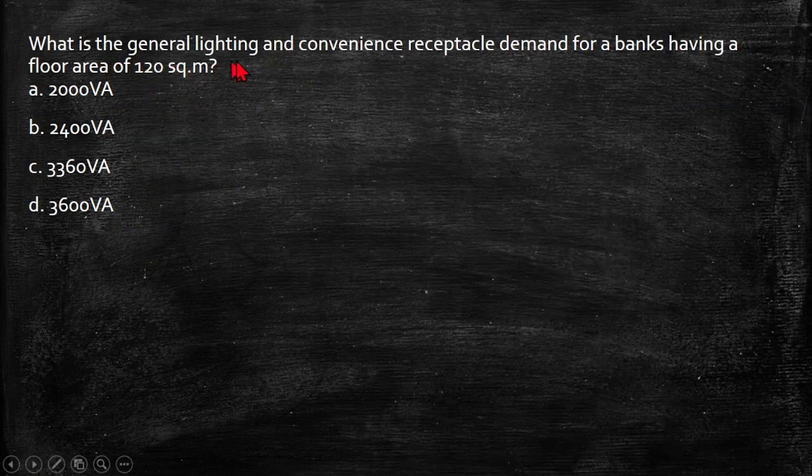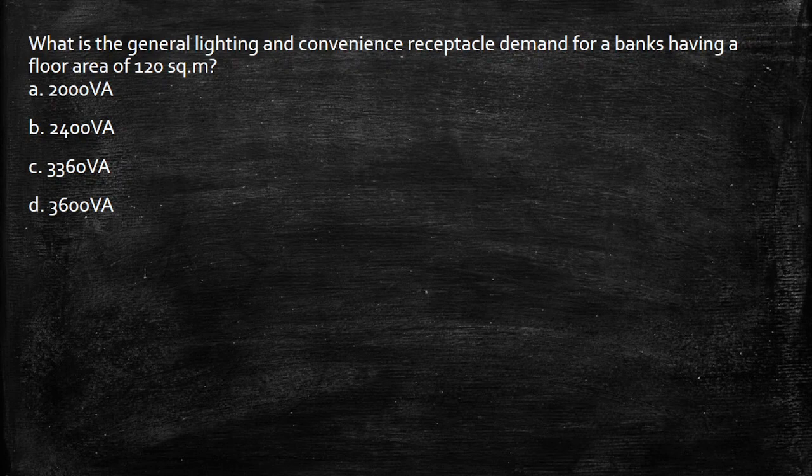So what is the general lighting and convenience receptacle demand for a bank having a floor area of 120 square meter? So yan po yung hinahanap, no? Kung ano yung general lighting and convenience load.